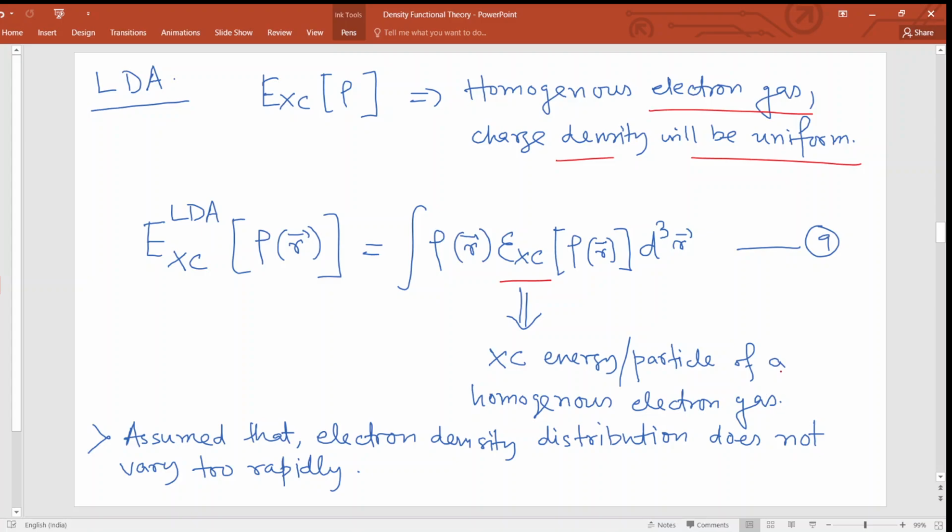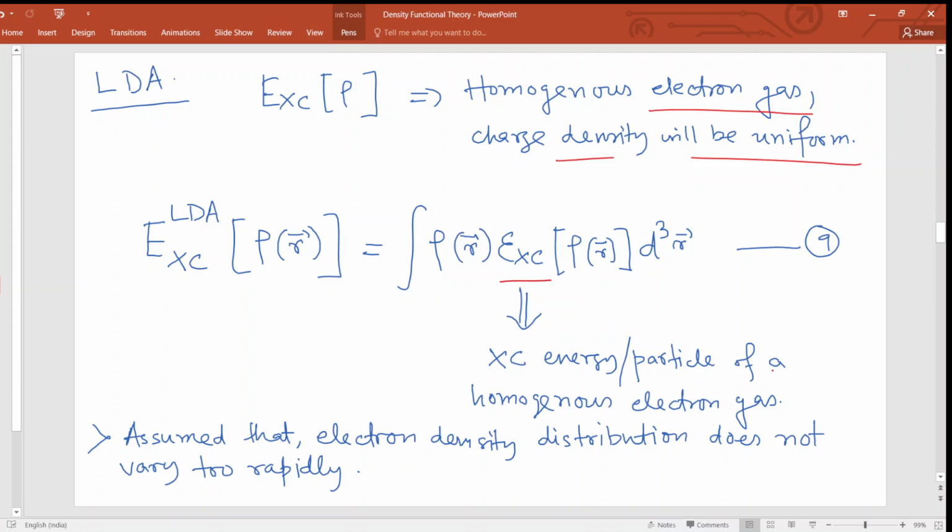Now, another way you can say it is that they are assuming that the electron density distribution is not varying too rapidly. If you remember, at one point when we were describing probably the Thomas Fermi model, we explained this scenario: the potential under which the Fermi gas system is acted upon is non-zero.